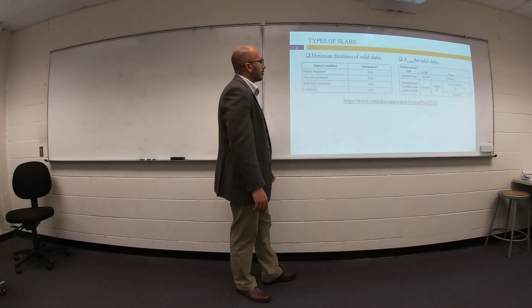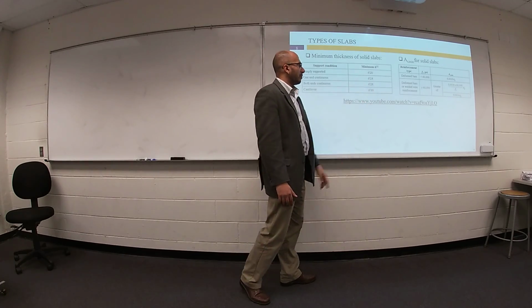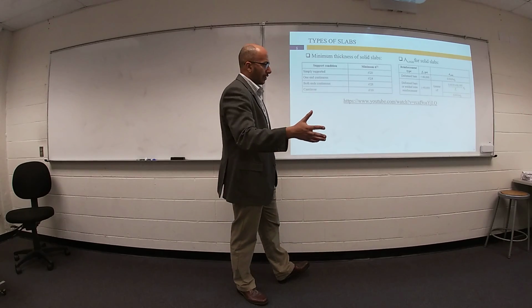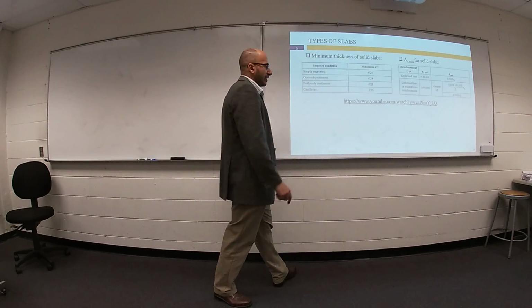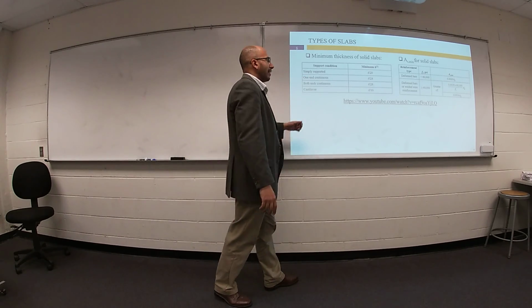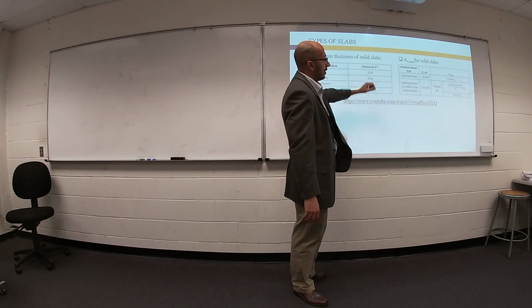For one end continuous, your span divided by 24. If you have a rectangular area with two different spans, you can use the biggest one. For both ends continuous or cantilever, you can figure out your thickness from this table for solid slab.